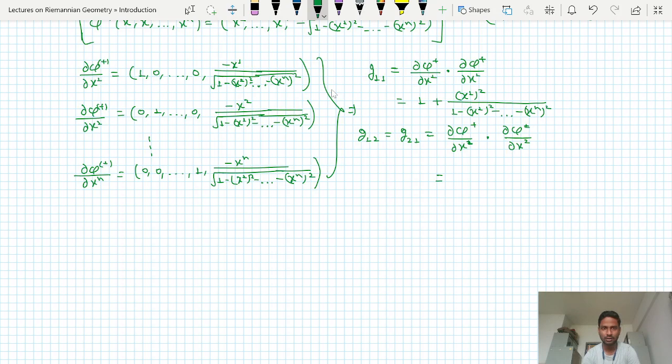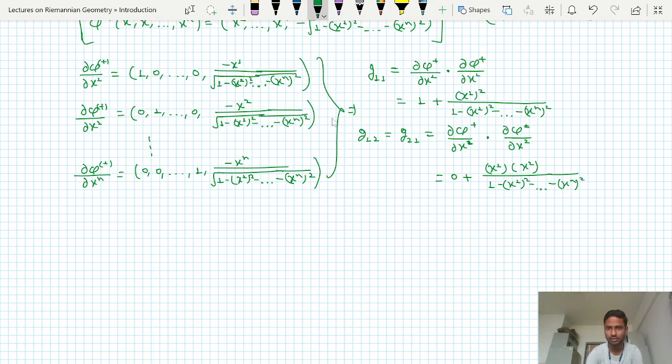In the second tuple also, 0 multiplied by 1, so this is also 0. So in all these initial n tuples, you will get 0. Plus the n plus 1th tuple will be multiplied. So this will be 0 plus x1 multiplied with x2, and in the denominator you have that same 1 minus x1 square minus up to and so on minus xn square.